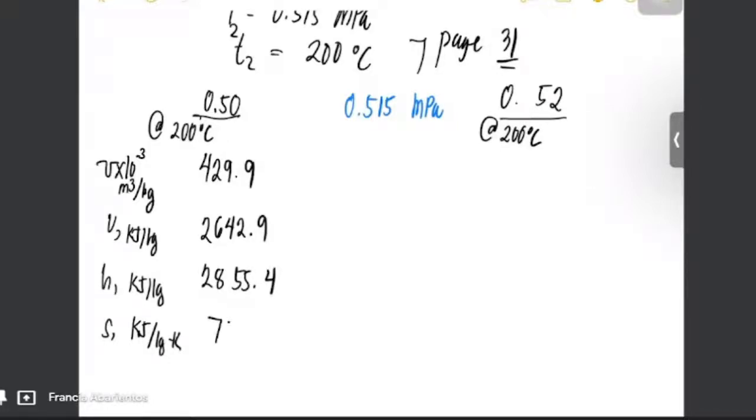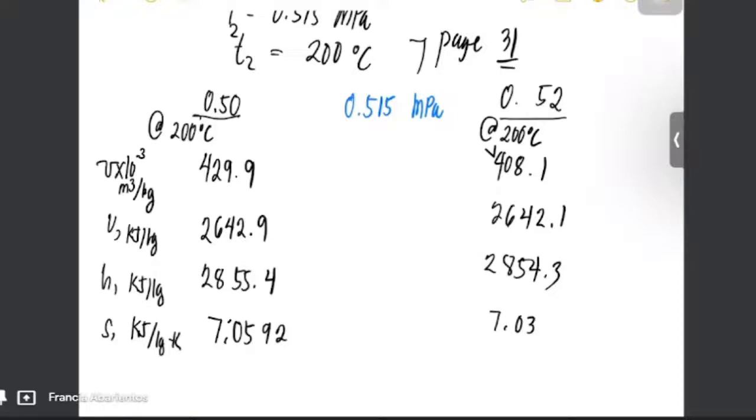We have 7.0592. Dito naman sa 0.52, we have 408, 2642.1, 2854.3, and 7.03. Okay, so we have now those values.